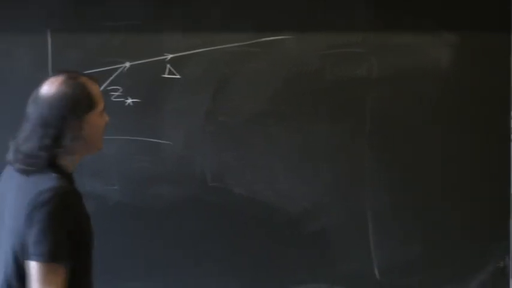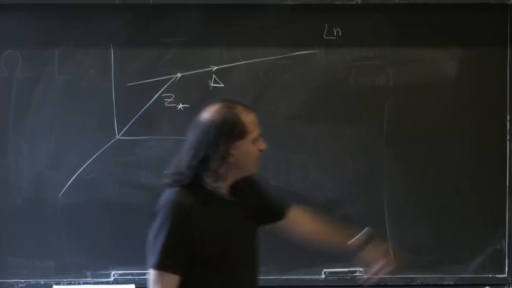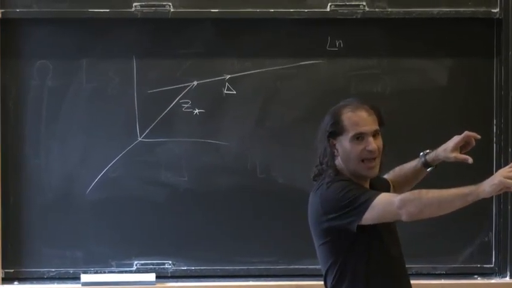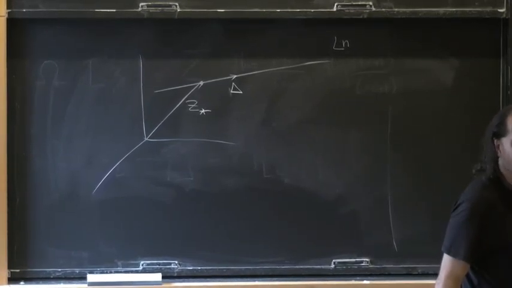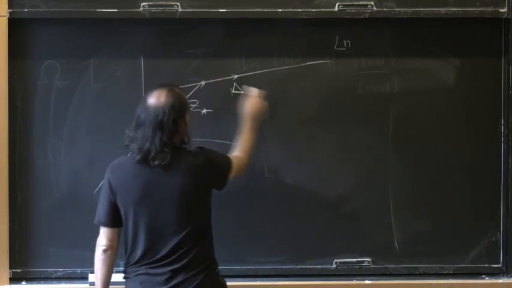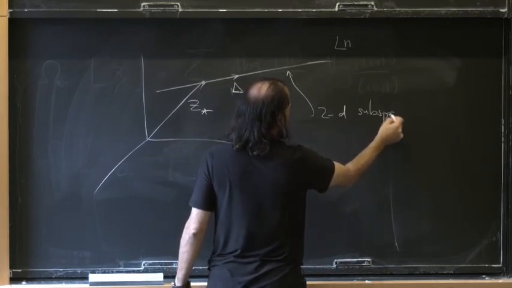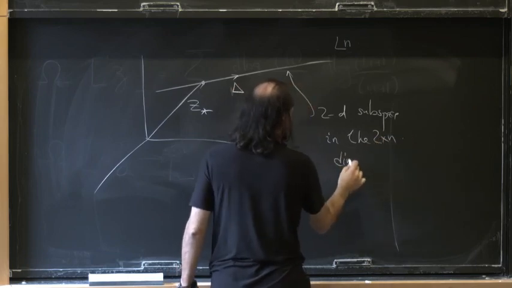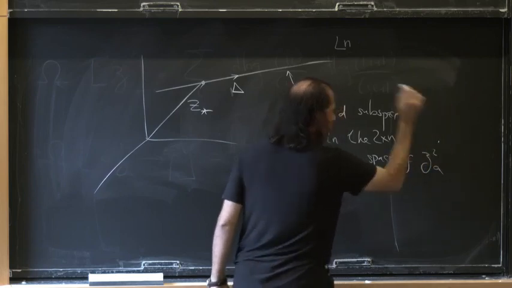And this is an n-dimensional space. If I take any one of the components, like i equals 1, then I have an n vector for z star, and I'm translating it in the direction of another n vector, delta. So I've drawn it this way, but in our case this is a two-dimensional subspace in the 2 by n dimensional space of z's. Is that clear?